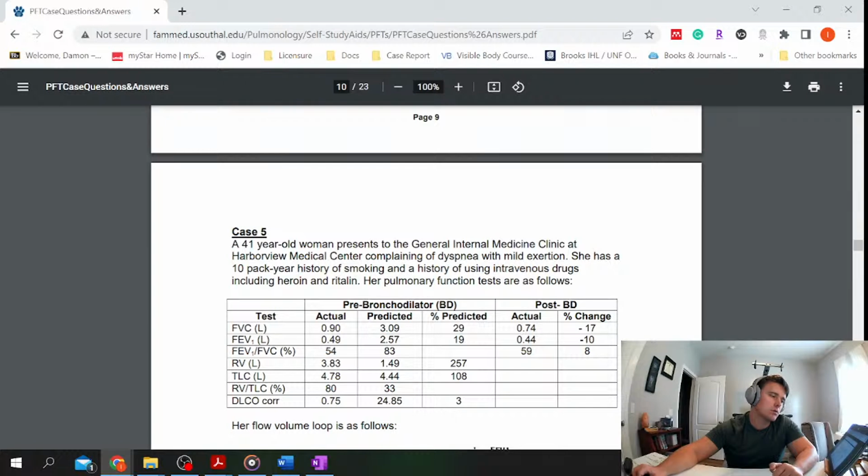This is because it actually goes down with bronchodilators. Ooh, FVC is low. FEV1 is real low. Residual volume's high. Total lung capacity is high. FEV1 is low.